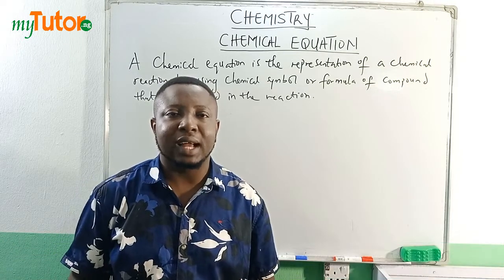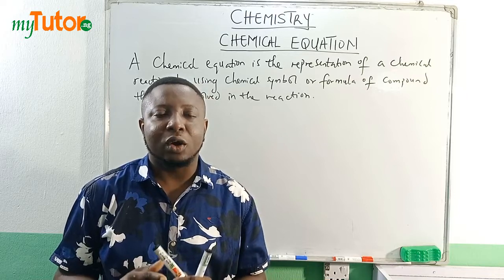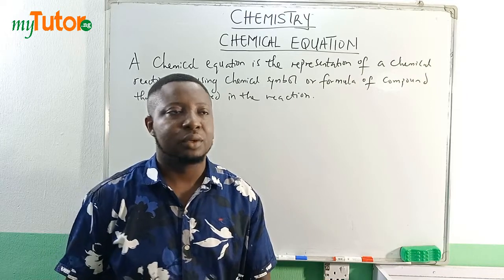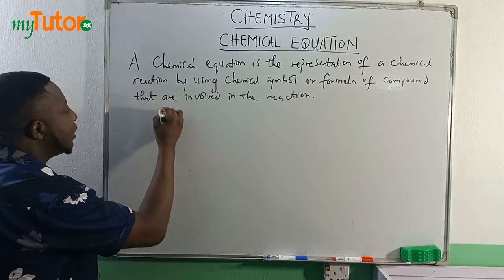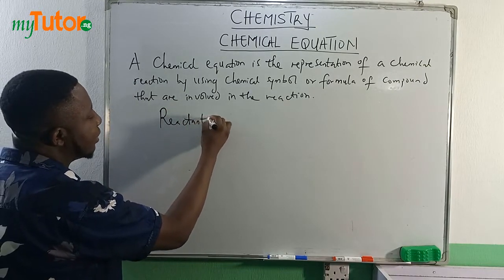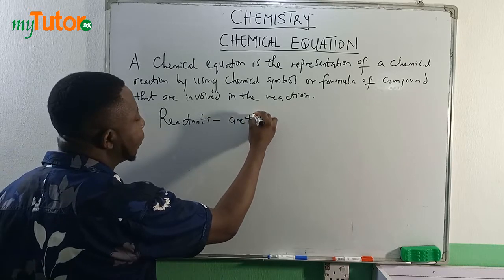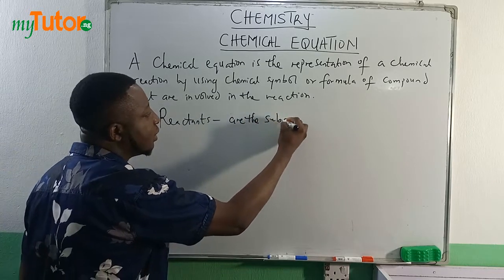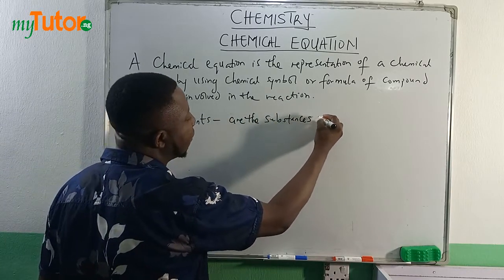The substances that are combined together are called the reactants. So in a chemical reaction, we have what we call the reactants, which are the compounds or the substances that are combined together.